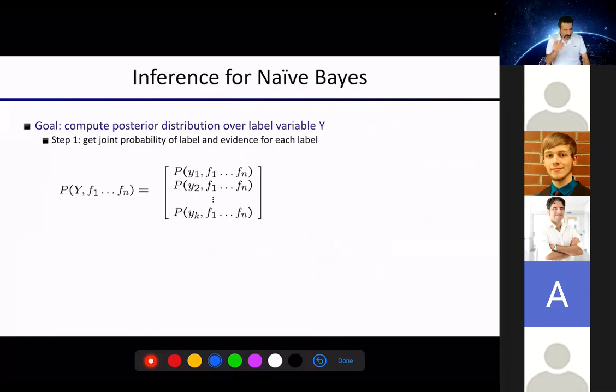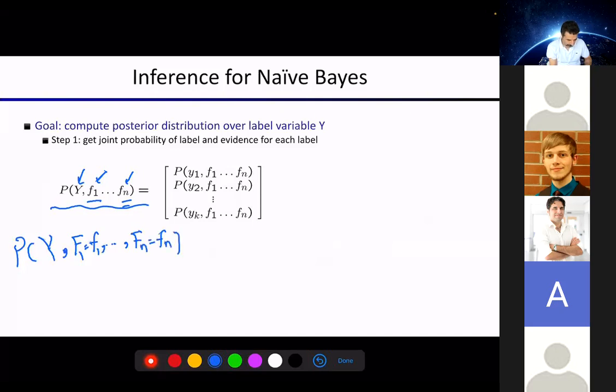So let's look at some more details about this type of model. Again, we have this kind of joint probability distribution, right? These are feature values, and this is your label. You can think of these as specific values for these features. More explicitly, you can think of P(y, F1 = f1, ..., Fn = fn).